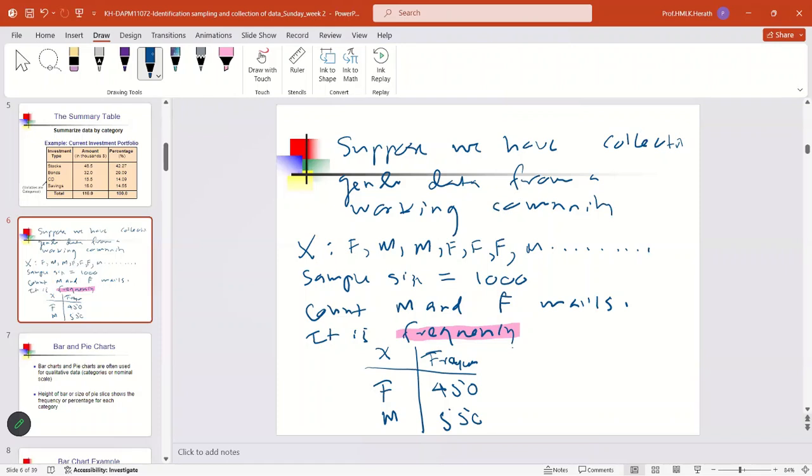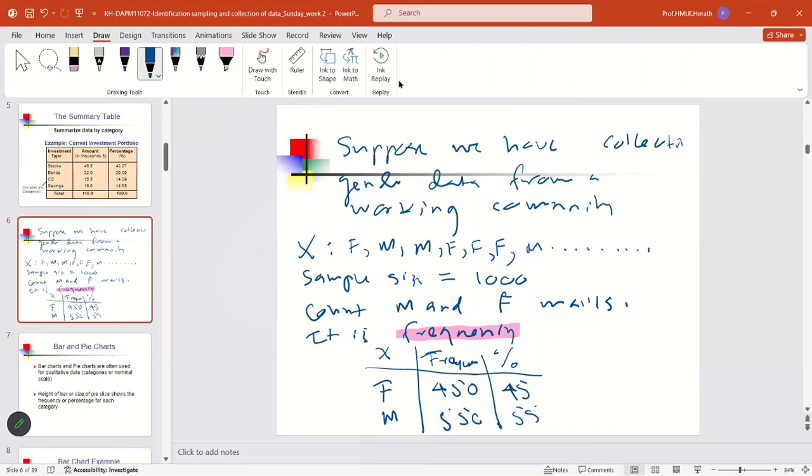And we can present them as a percentage: this is 45% and this one is 55%. The majority of the sample is male, right? So this is the way we can tabulate things in a table. We can use tables to summarize our data in different ways. Is it clear? Right?